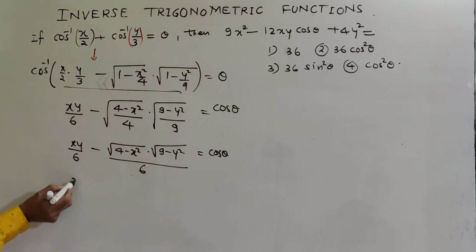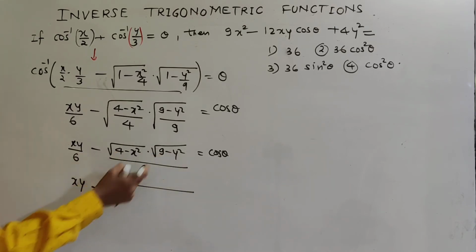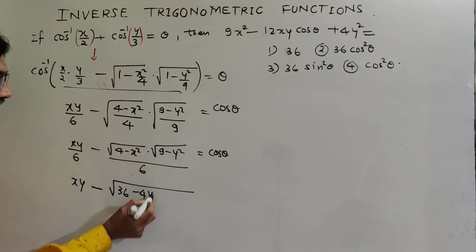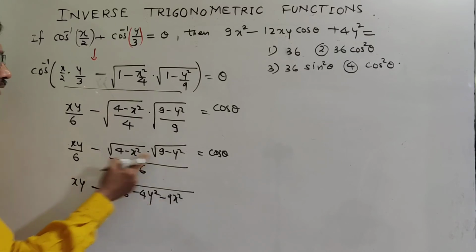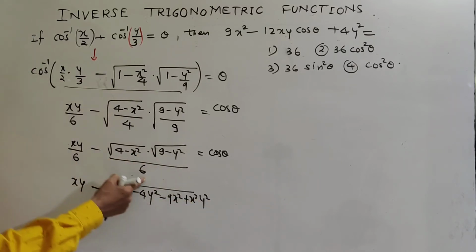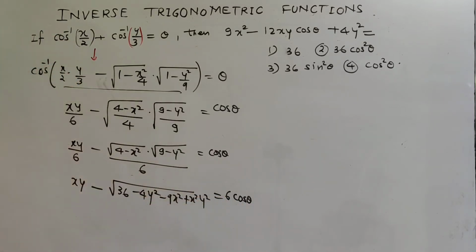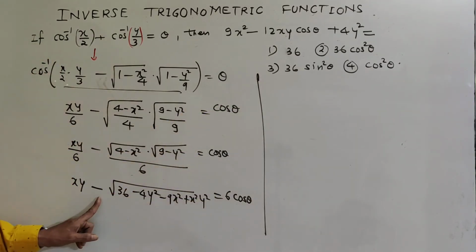So xy minus root of 36 minus 4y square minus 9x square plus x square y square. Cross multiplication gives us 6 cos theta. We take this to the right hand side and square it.